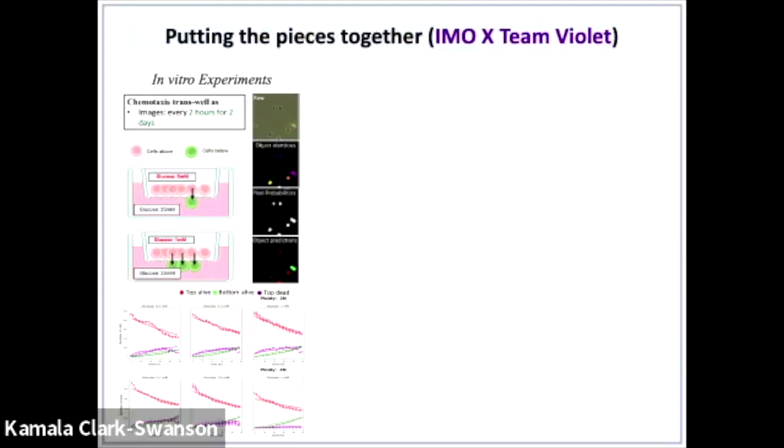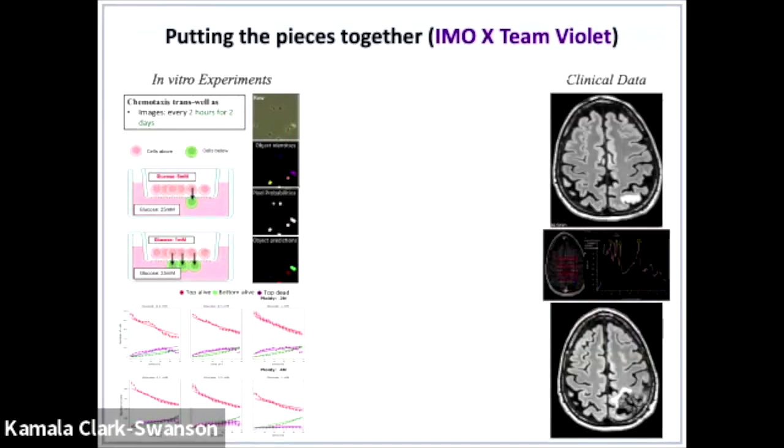We're trying to put the pieces together, and there was a lot of beautiful in vitro work where you had cells growing in a chamber, able to migrate through to another chamber, and from there you could calculate the proliferation rate and the migration rate as a function of ploidy and as a function of availability of resources. There was also clinical data with patient scans, which was very scary for me. I've never worked with patient data before, and it's depressing, at least for me, but it's important.